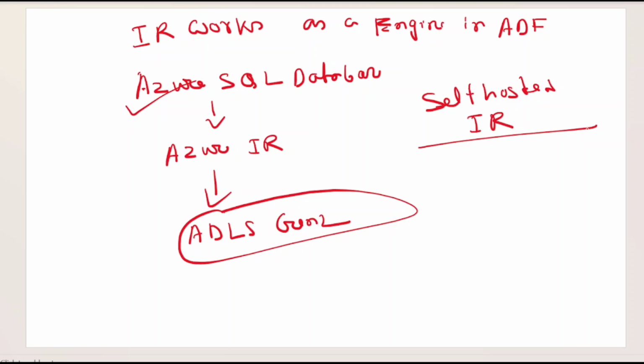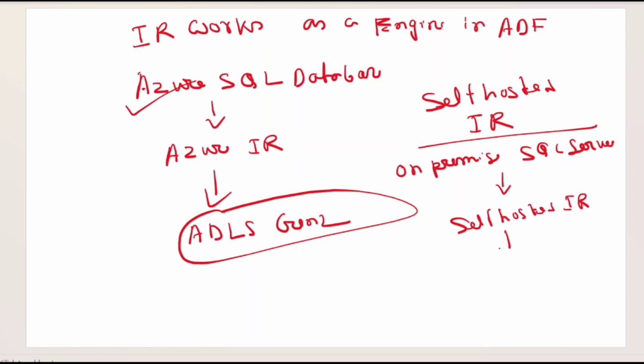A small integration runtime agent is installed on a server inside your network. So for example, on-premises SQL Server, then self-hosted integration runtime, then Azure ADLS Gen 2.